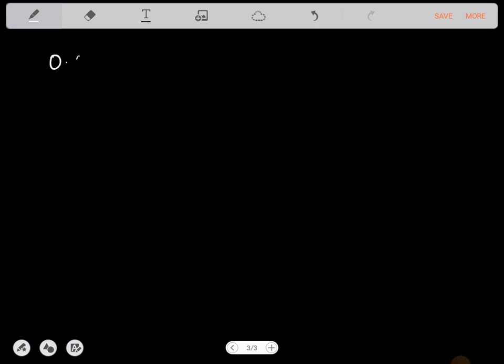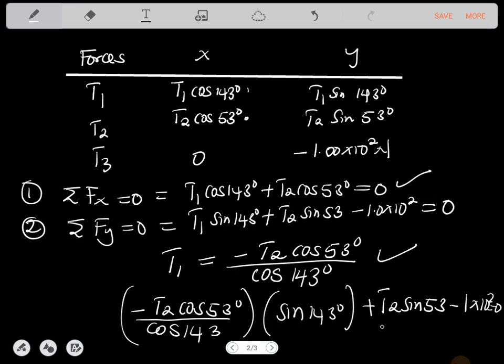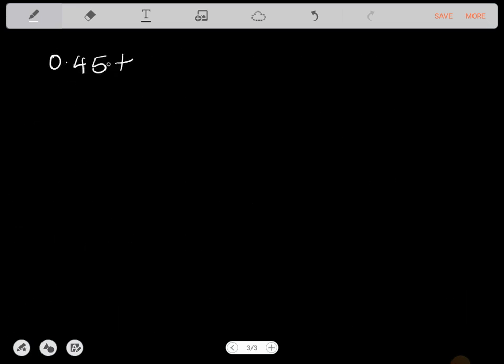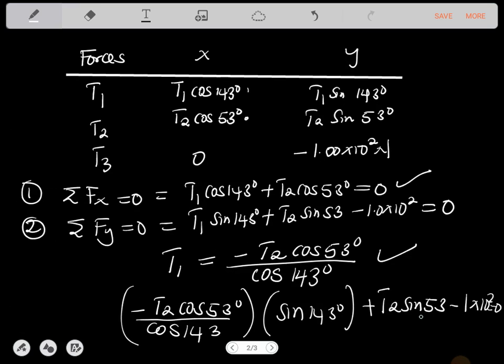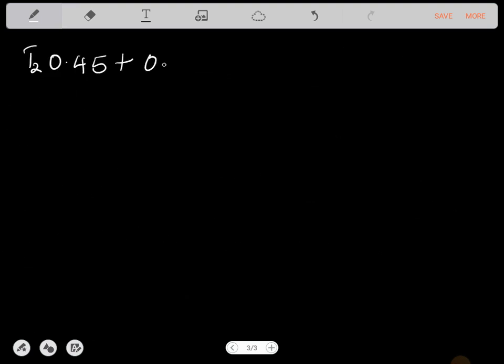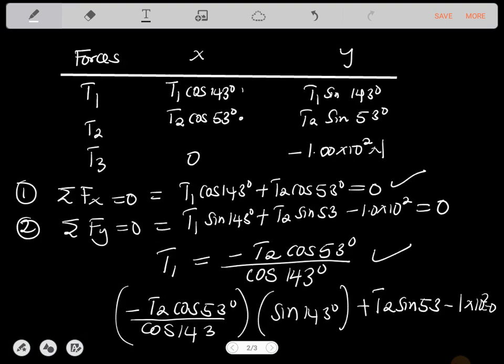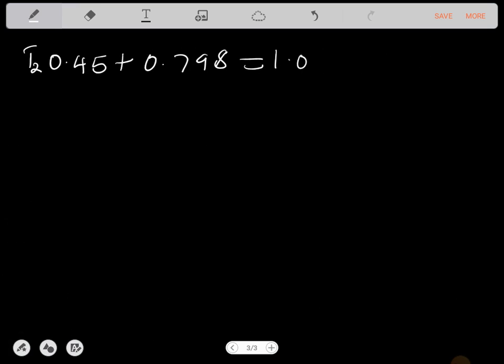So I'm getting 0.45 plus, by the way, there's T2 here. We have sine 53, it's 0.798, I'll just round it off to that. Then we can take this one to the other side, which will give us 1.00 times 10 to the power 2. This is still T2. Then we can add these two, 0.798 plus 0.45. So I'm getting T2 is just 1.248.